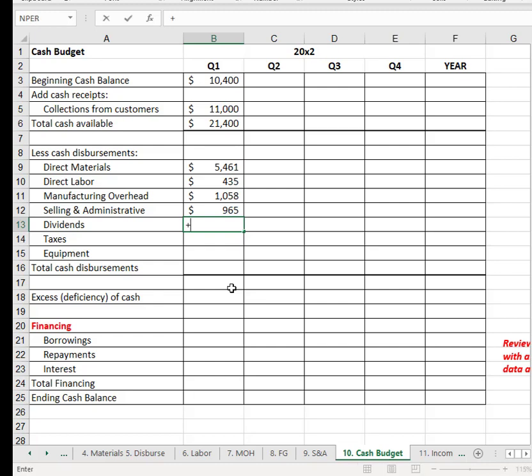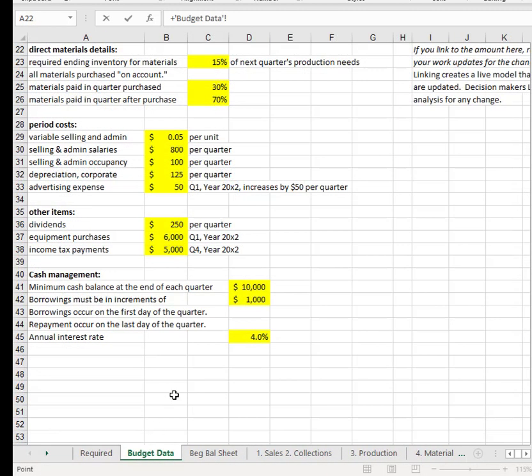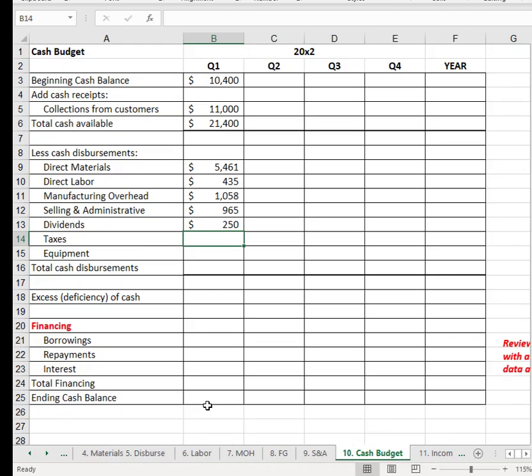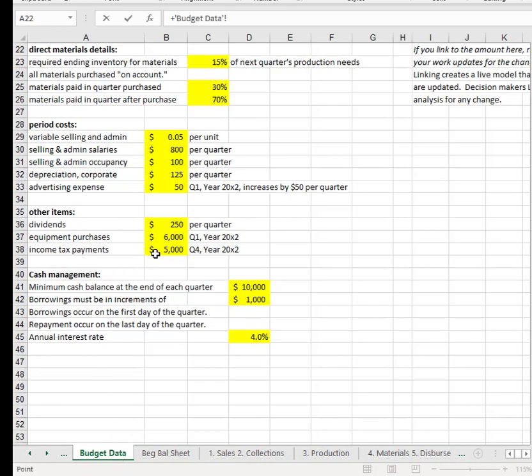Dividends, that's what management told us. That's in the story. Where are dividends? There they are, $250 per quarter. That can change. That can absolutely change. So we have to link to the original data. Taxes, what did they tell us to assume for taxes? Let's go back here. Taxes, income tax payments, $5,000 in quarter 4.